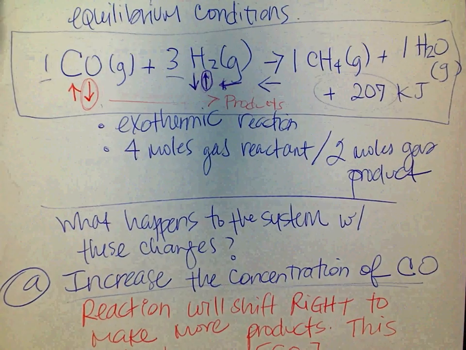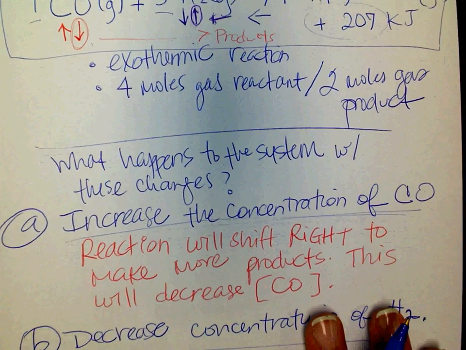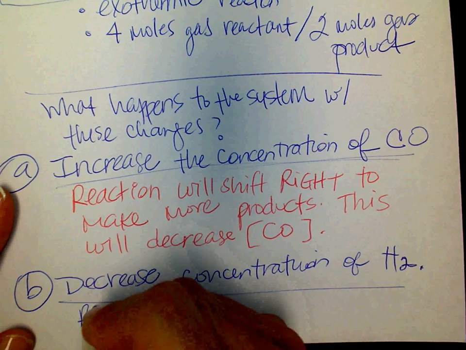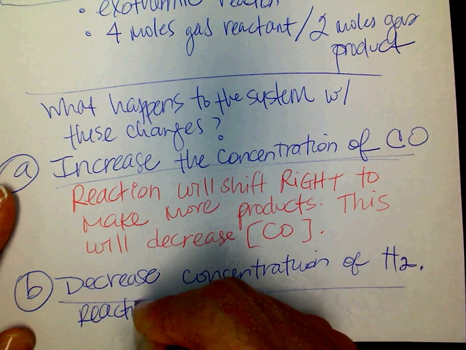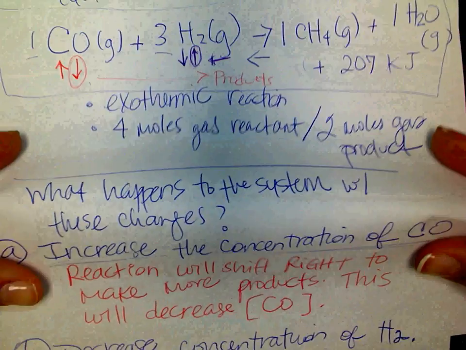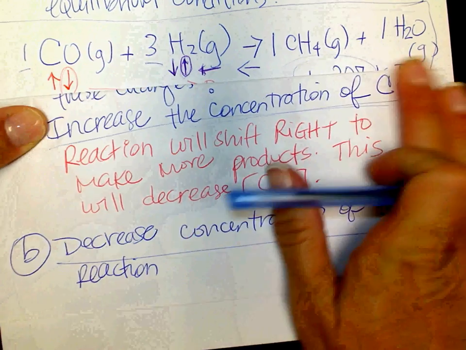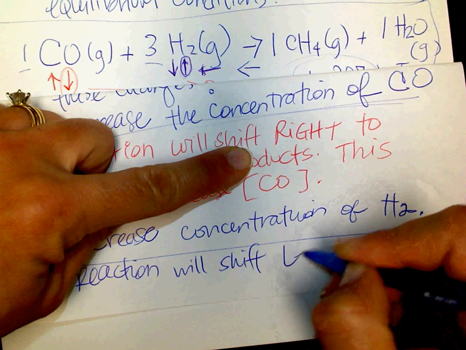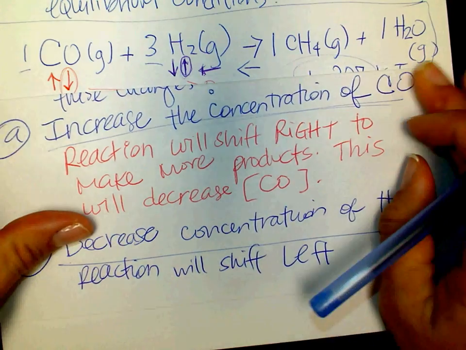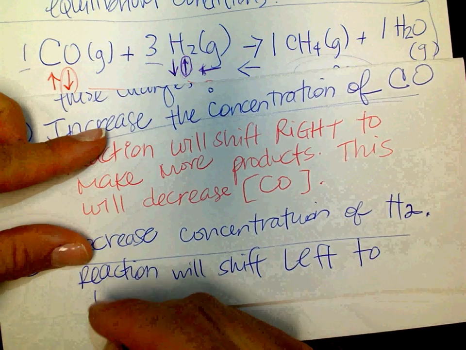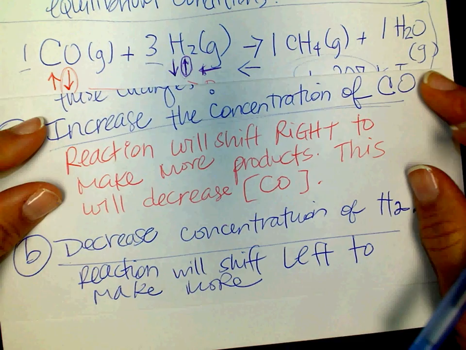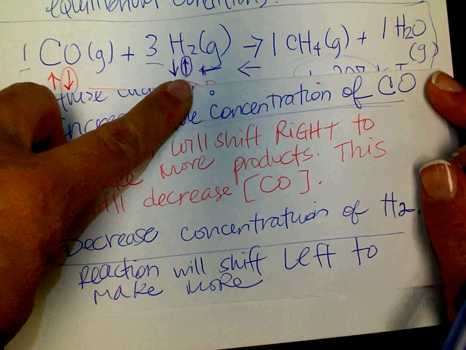Equilibrium will shift left to make more. Who are we going to make more of, reactants or products, if we want to make more of this? Reactants, right?